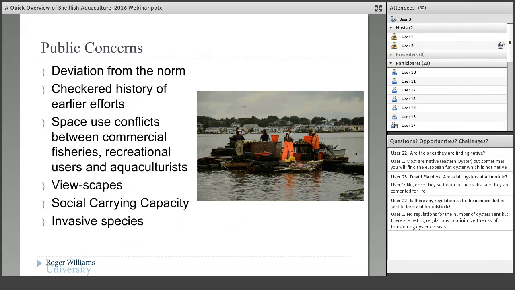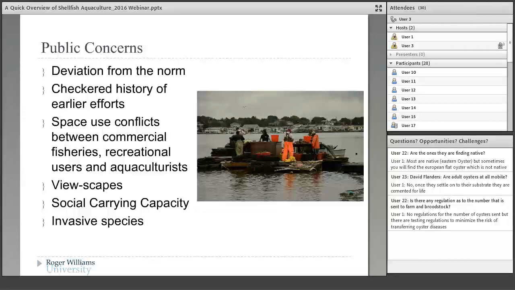There are a number of public concerns that people have raised, and we're not here to spend a lot of time talking about these, but I would like to mention them. We see that aquaculture is sort of the new kid on the block, and it's sort of a deviation from what most people are used to seeing along their coastal environment. And so that really has caused a little consternation.